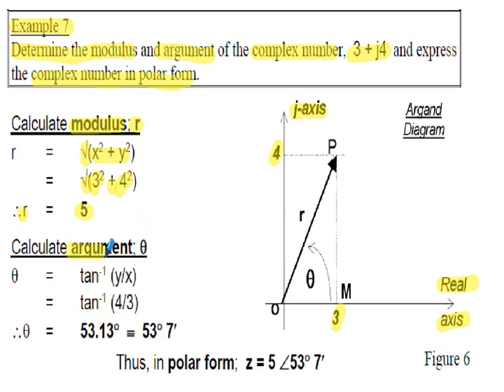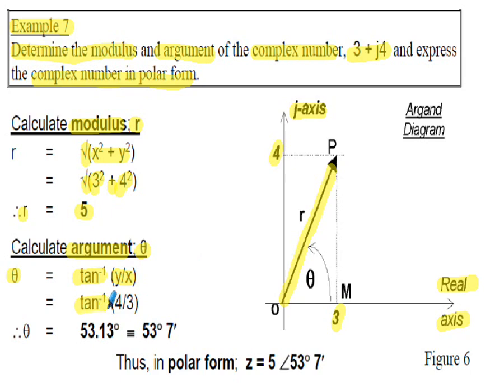We can work out the argument, the angle theta, directly here because we can clearly see that the phasor of this complex number is in the first quadrant. So by using the tan equation, we're going to automatically calculate the angle theta. So angle theta, or argument, is equal to tan to the minus 1, the arctan, of y divided by x, that's the opposite divided by the adjacent sides.